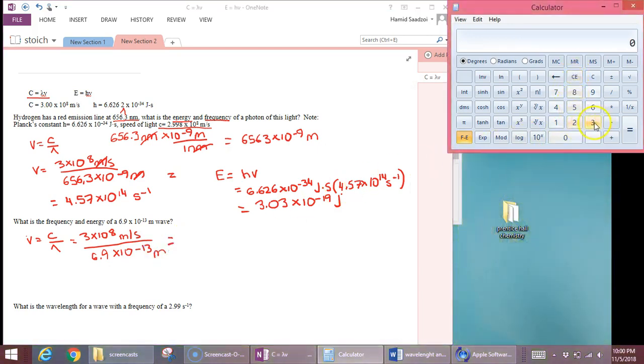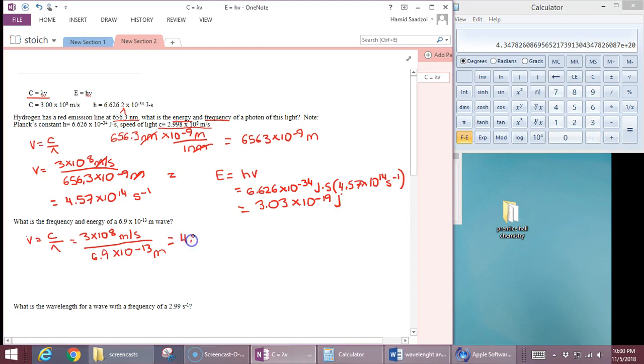Let's clear that out. So 3 exponent, which is there, 8 divided by 6.9 exponent again, which just means once again times 10 to this power, negative 13, which gives us 4.34 times 10 to the 20th, huge frequency.